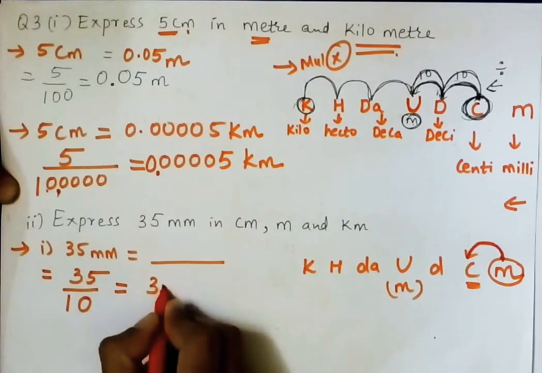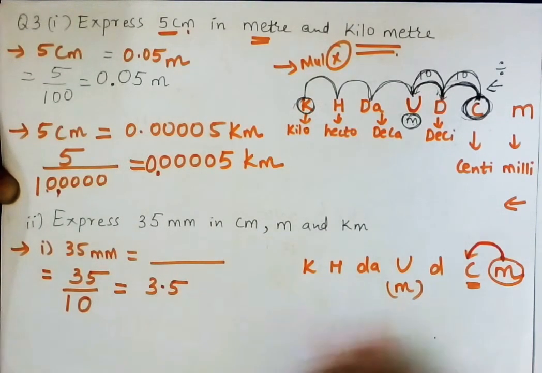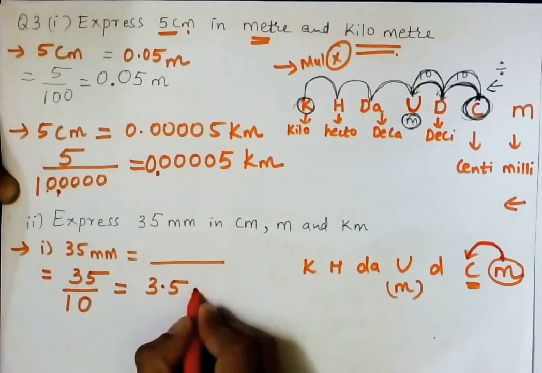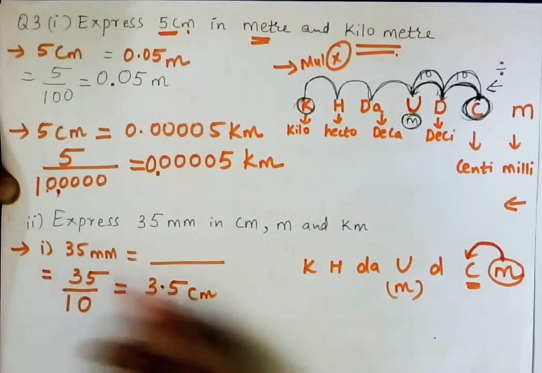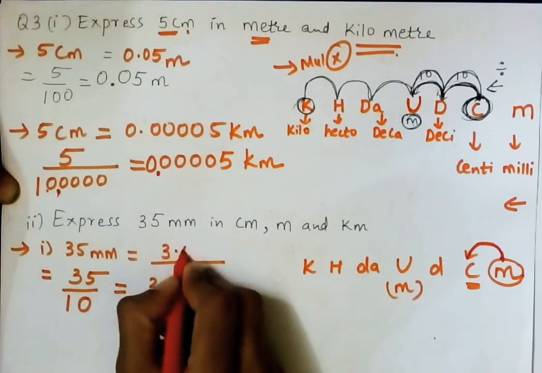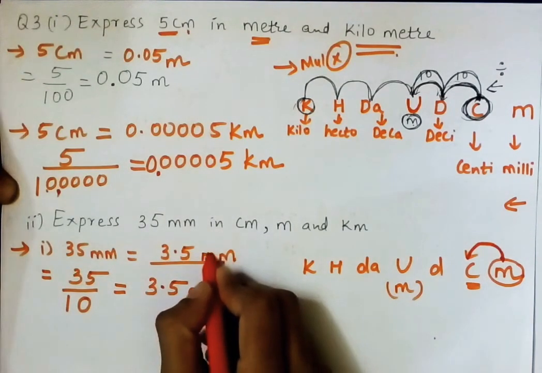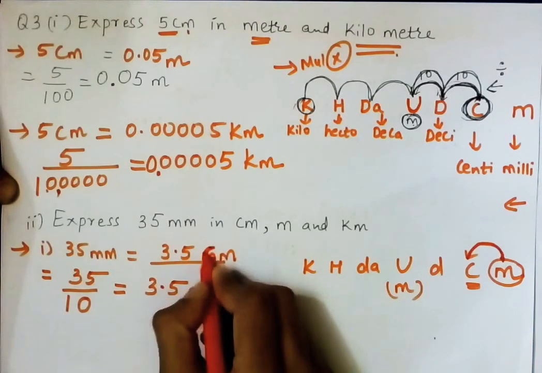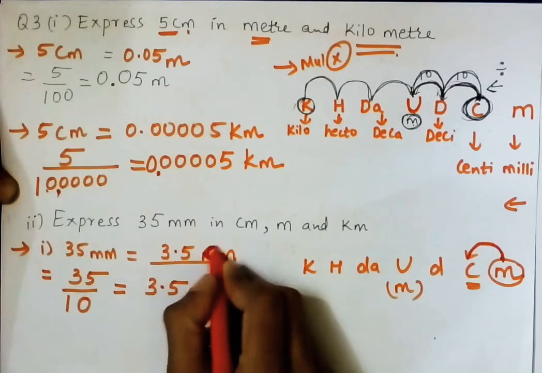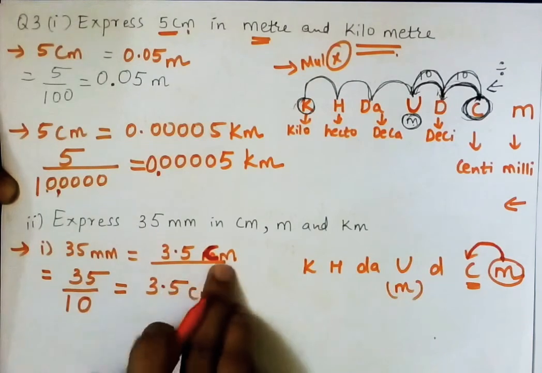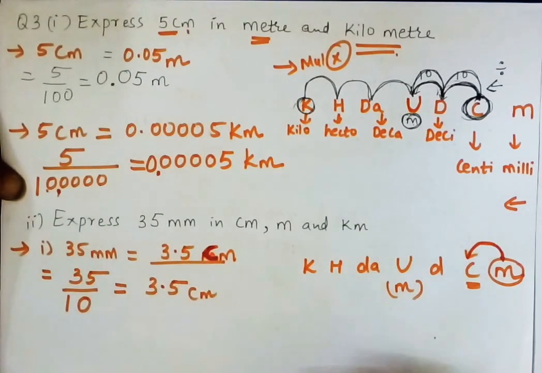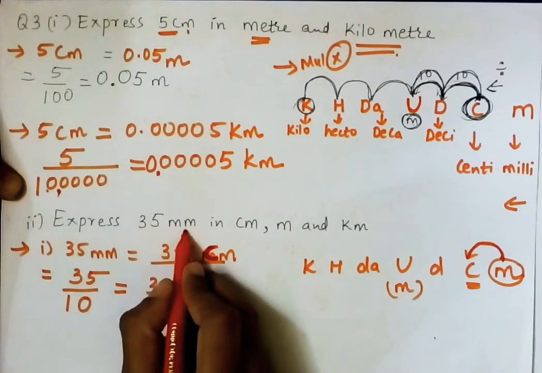So it will be 3.5, and we are shifting to centimeter. So 35 millimeter is equal to 3.5 centimeter. Now next is again 35 millimeter to meter.